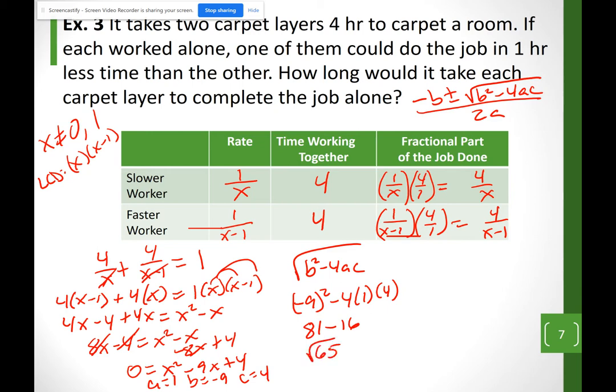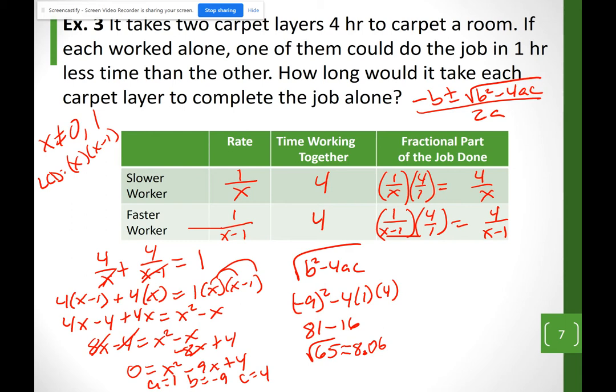Let me get the square root of 65. It's not a perfect square root, so I'm just going to say this is about 8.06. All right, so now let me use the whole quadratic formula.